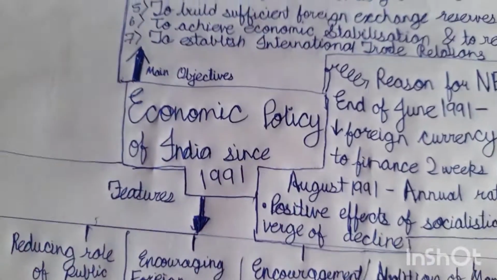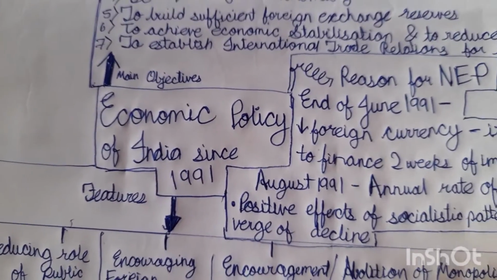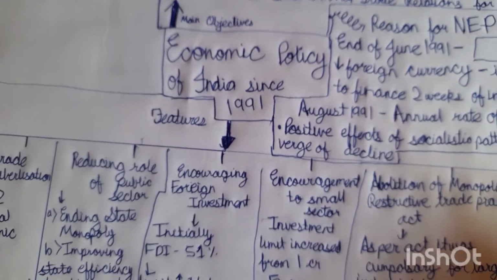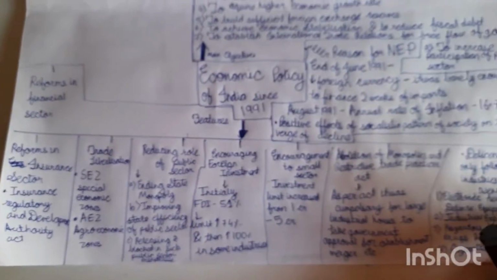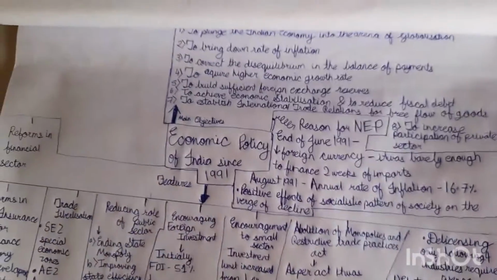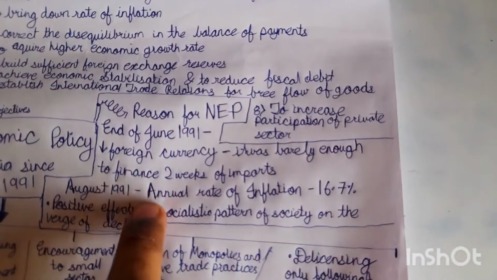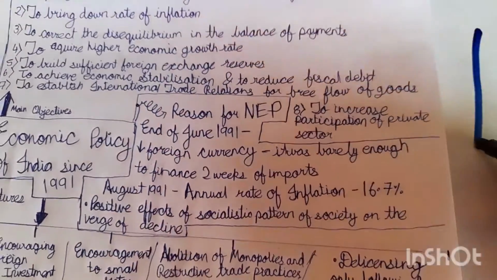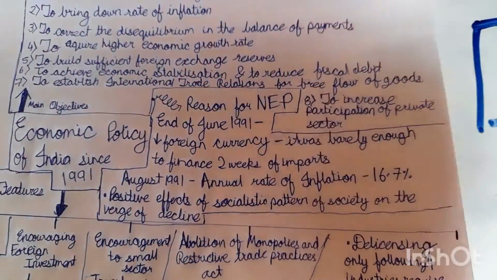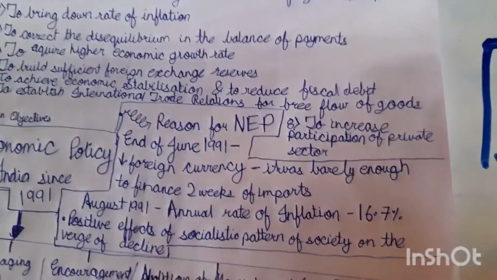Next chapter. A very boring but important chapter, Economic Policy of India since 1991. Features of the economic policy. Reason for NEP. This is a question which can be framed because it has been clearly stated in the book. Why did NEP come in first place?